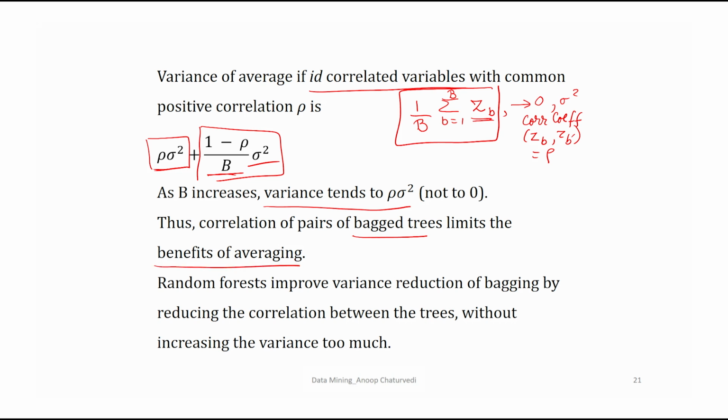Usually we expect that as B grows large, the variance tends to 0, but here it does not happen. Random forests improve the variance reduction of bagging by reducing the correlation between the trees without increasing the variance too much. So this is the advantage of random forests.